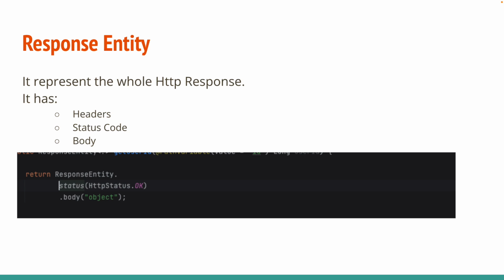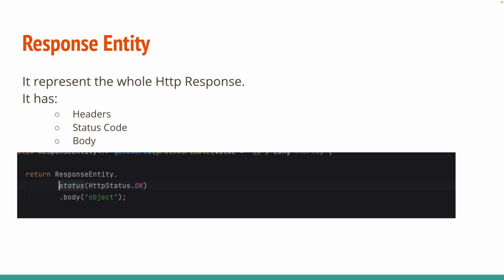Another thing that we must talk about is ResponseEntity. It represents the whole HTTP response. It has a header, status code, and a body. So we shall use a ResponseEntity to provide a response body, a JSON response body.